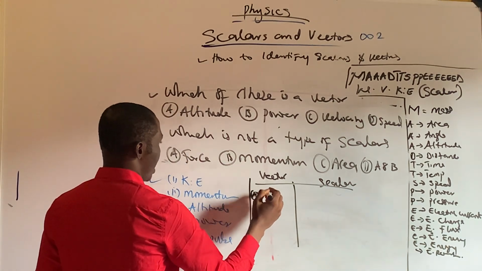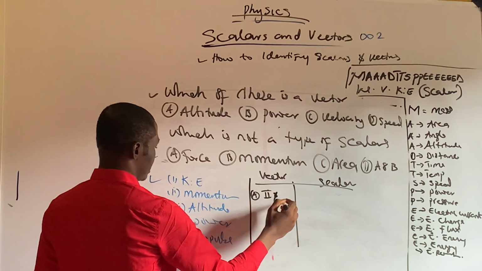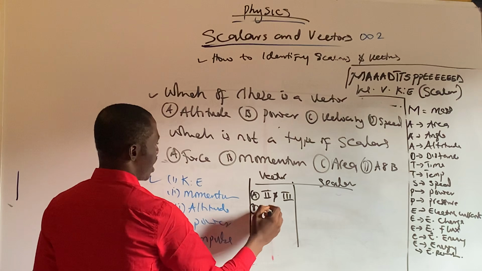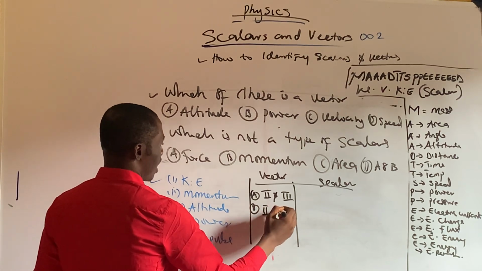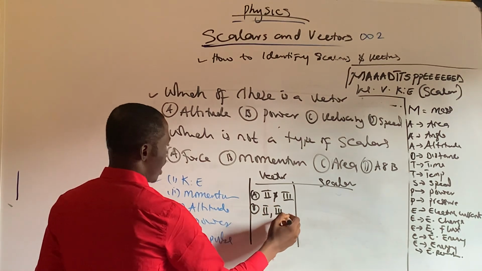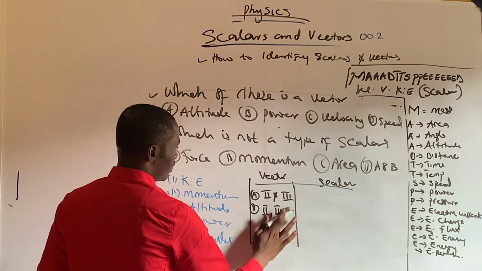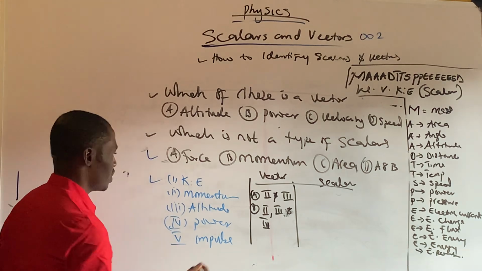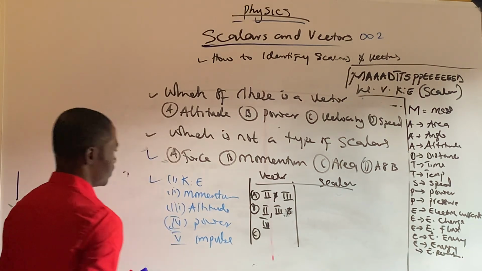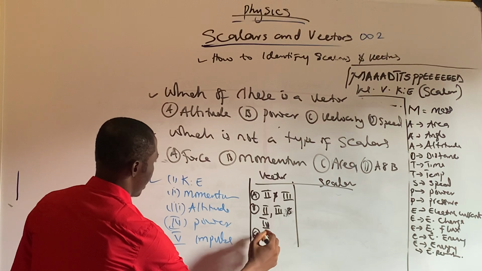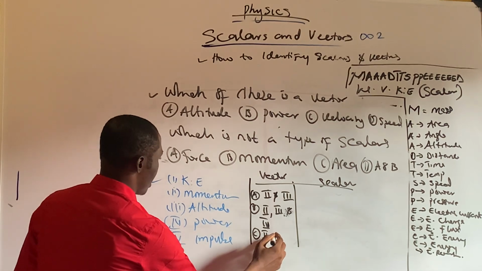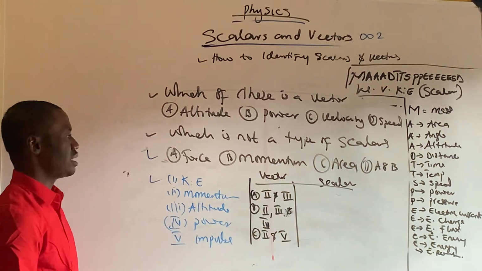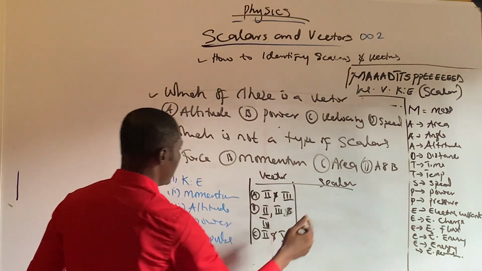So this other question will come. I'll give three options. Which of these is a vector? A, we have I and II. B, we have I and IV. C, we have II and V. So which of the list is a vector? Finally, which of the list is a scalar?